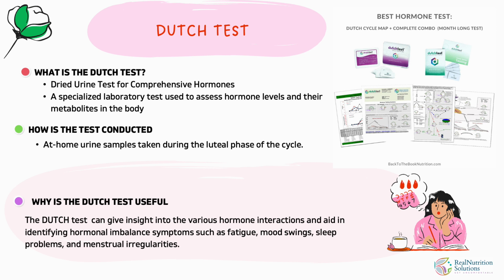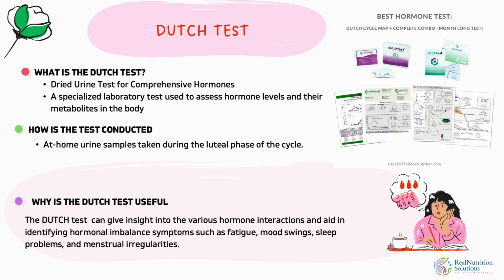Again, before we move on, I just want to quickly say that there are different types of Dutch tests, and it depends on what you're experiencing. It will determine which Dutch test you'd want to do. If you have a normal 28-day cycle, and you can pretty much set your activities based on knowing when your cycle will come, you won't need a cycle map.